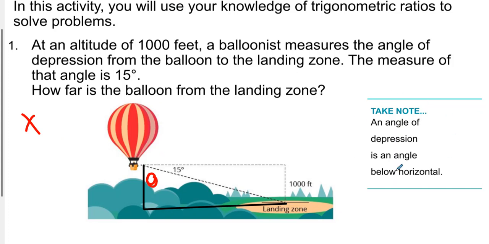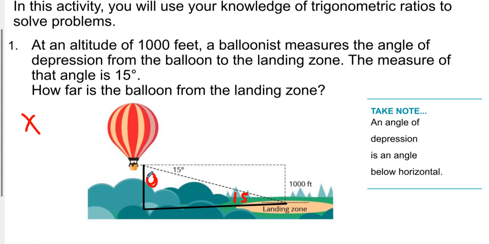The angle of depression is an angle below the horizon. So I start at the horizon and I measure down. So kids want to use this triangle. If you want to use this triangle, this line is a transversal and these are both parallel lines. So this is 15 as well.